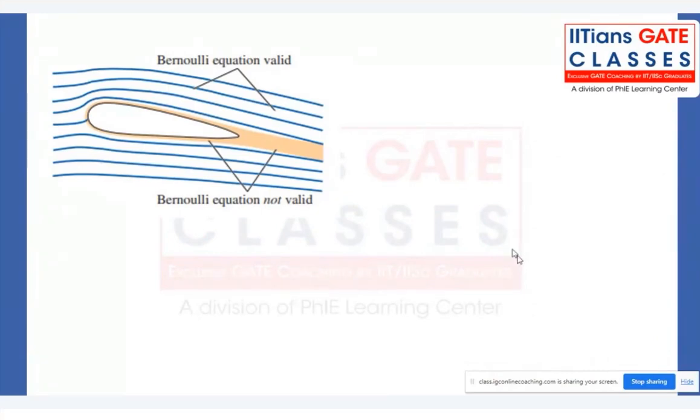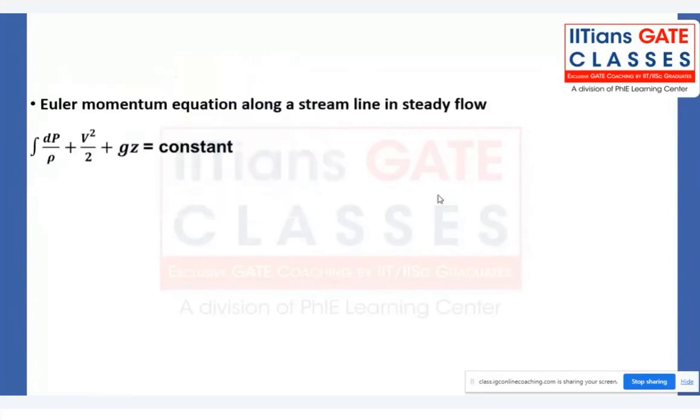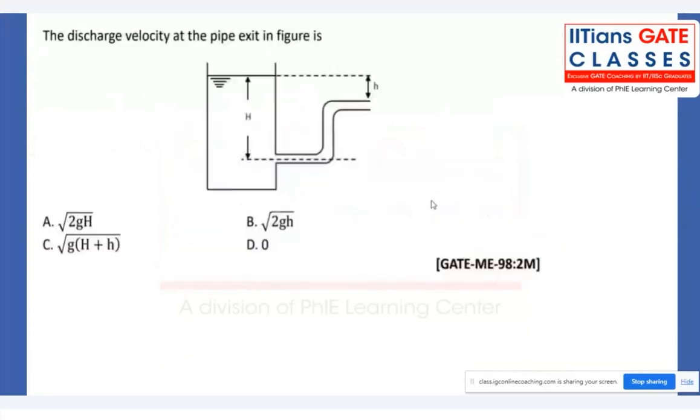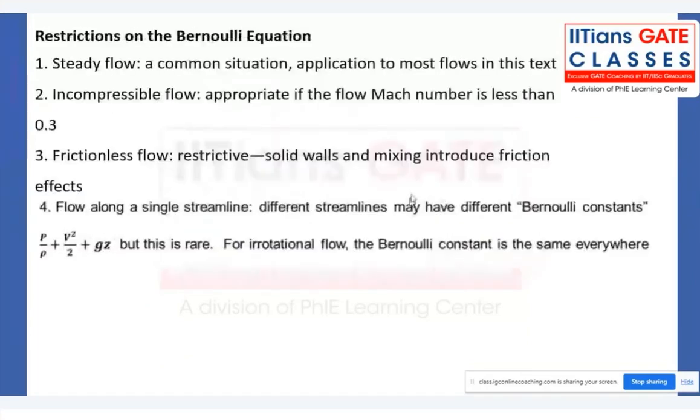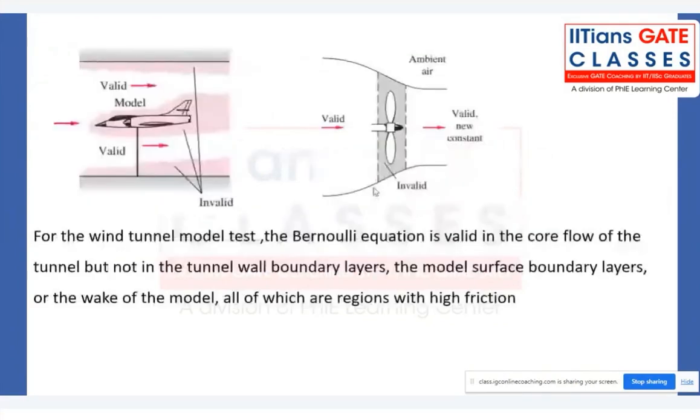So here, we have discussed Bernoulli's theorem, and a few more concepts we will discuss. This particular problem we have discussed, and then we have discussed the restrictions or the constraints of the Bernoulli equation.